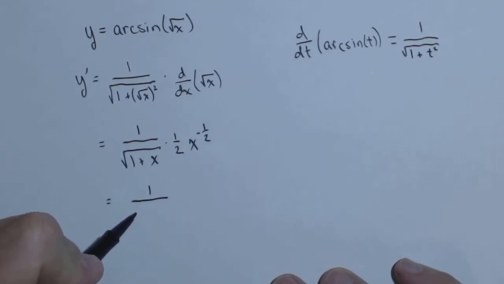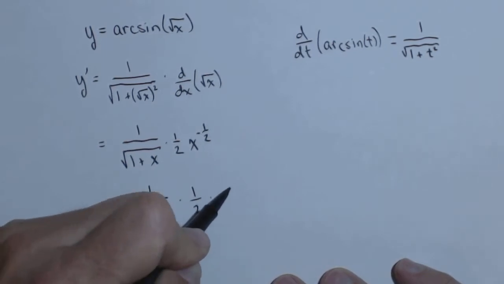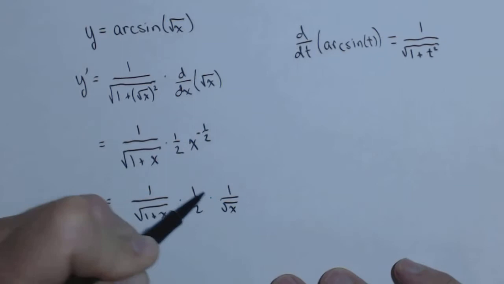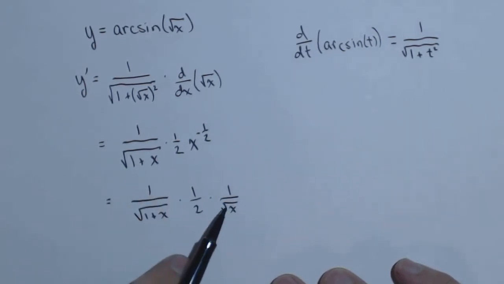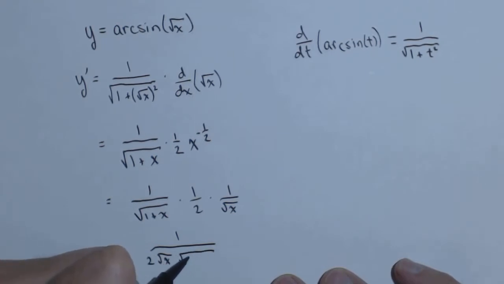But if you see what we have here, we have 1 over the square root of 1 plus x times 1 over 2 times 1 over the square root of x. One of the nice properties of radicals is we can put this x under this radical, because we can write this all on the same denominator. So what this would look like is 2 square root of x square root of 1 plus x.